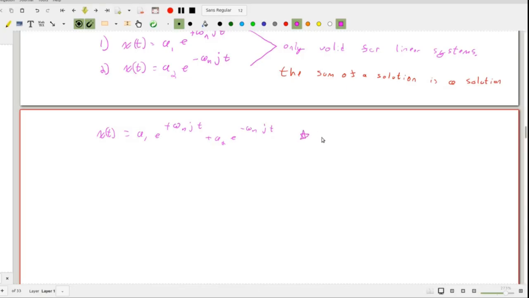So in this solution, a1 and a2 are complex valued constants of integration, but constants nonetheless.